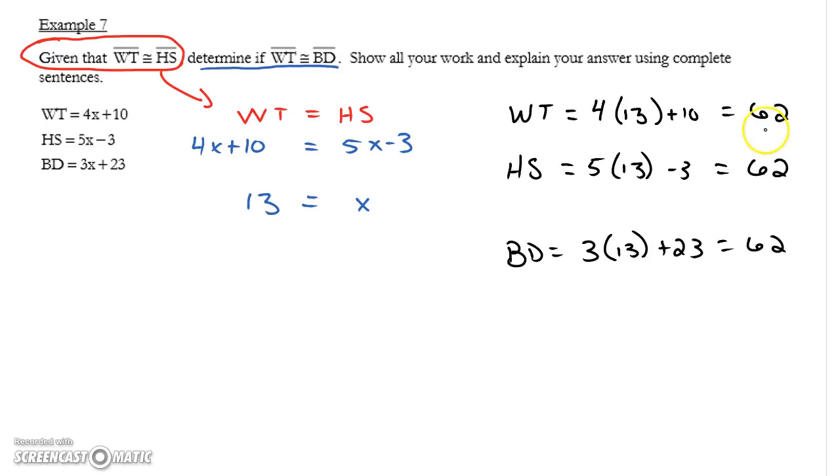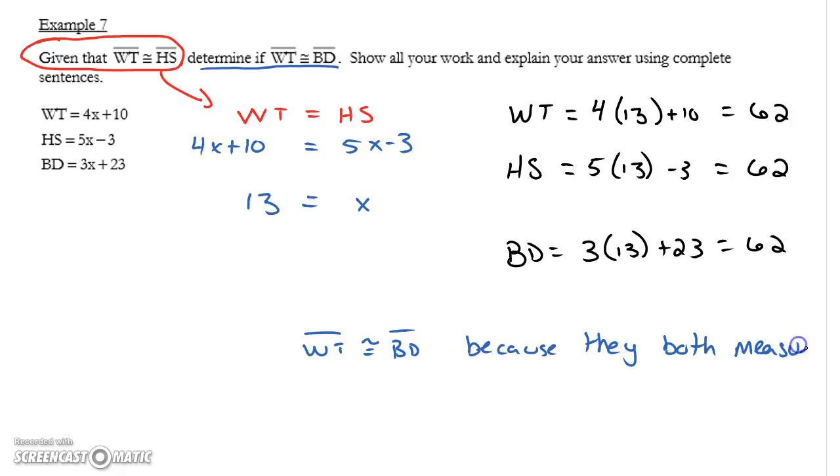Since all three of these are equal, I now can say that segment WT is congruent to segment BD because they both measure 62 units. I cannot say it's true if I would have gotten anything other than 62 for the length of segment BD.